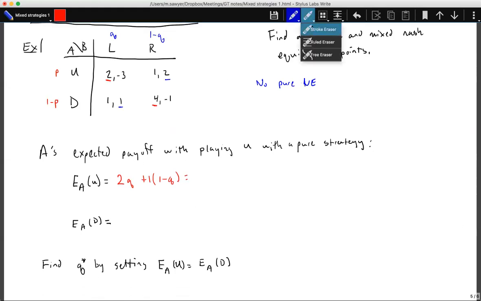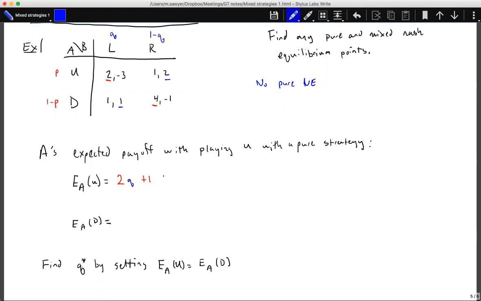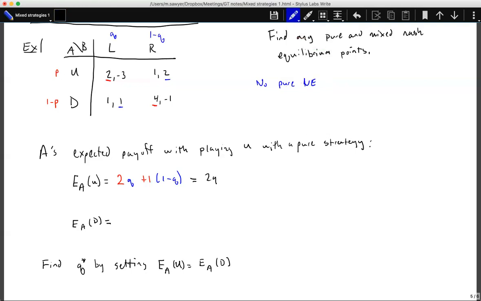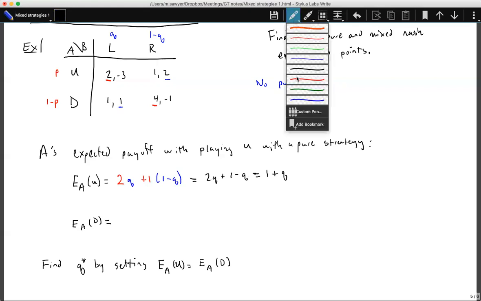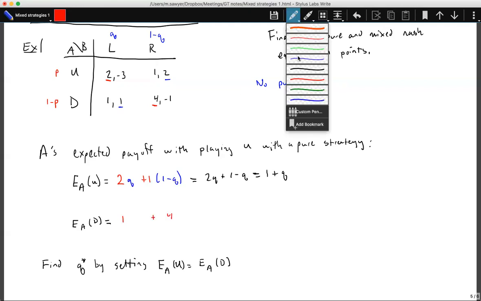Let's use some color codes here. A's payoffs are in red and B's Q is in blue. So we get 2Q plus 1 minus Q, which gives us 1 plus Q. And if A plays down, they get 1 point or 4 points, and it's a matter of how often.